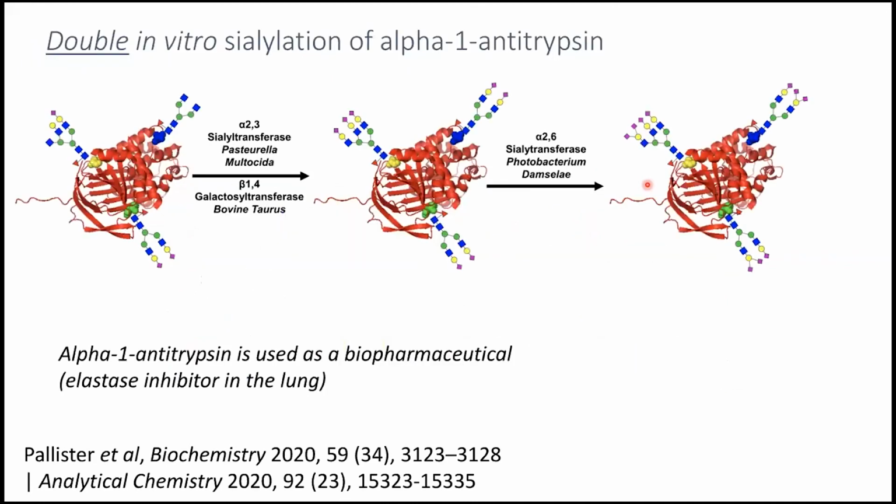And just to show you another example, also of substrate promiscuity of an enzyme, we're talking here about sialyltransferases again. Ed Pallister wanted to put as many sialic acids as possible onto this biopharmaceutical called alpha-1 antitrypsin, which is an elastase inhibitor, because it was known that the lifetime was much increased by sialylation.